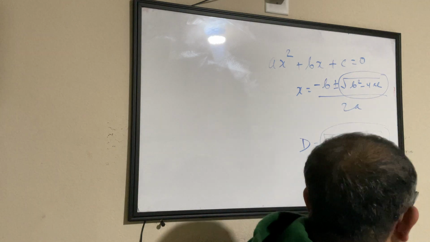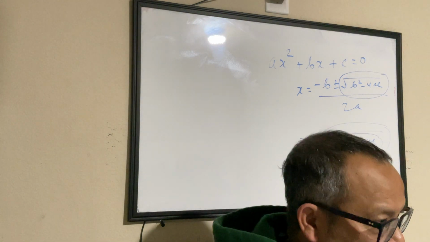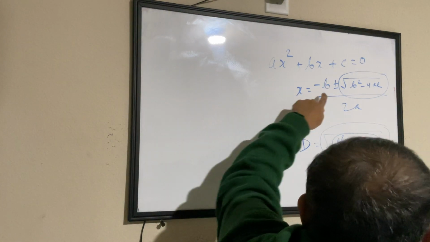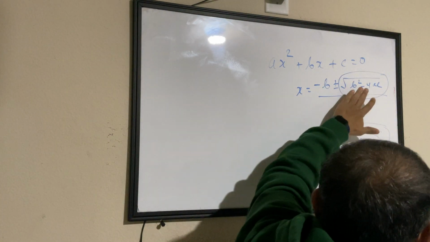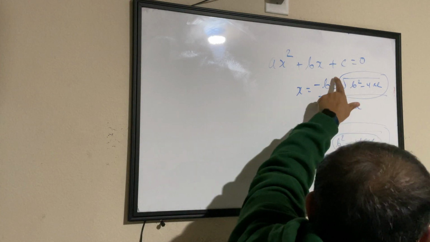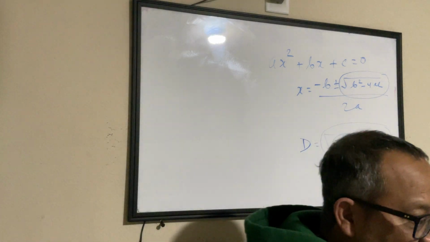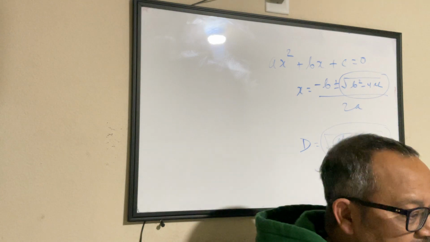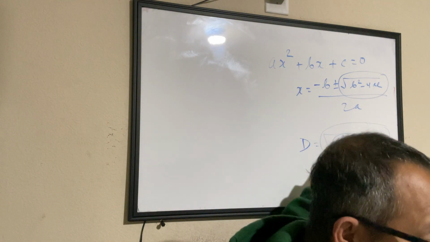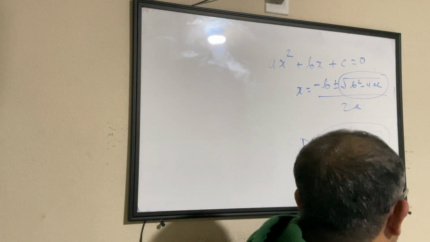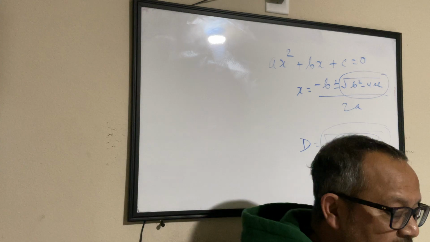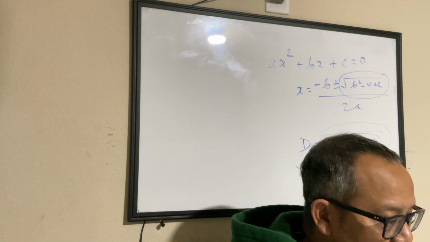If this is greater than 0, what does it mean? You can have two solutions, correct? So basically, if this whole square root value is greater than 0, that means it will give you two solutions, that is one with a plus, one with a minus. And the third scenario says b square minus 4ac gives you a negative square root.